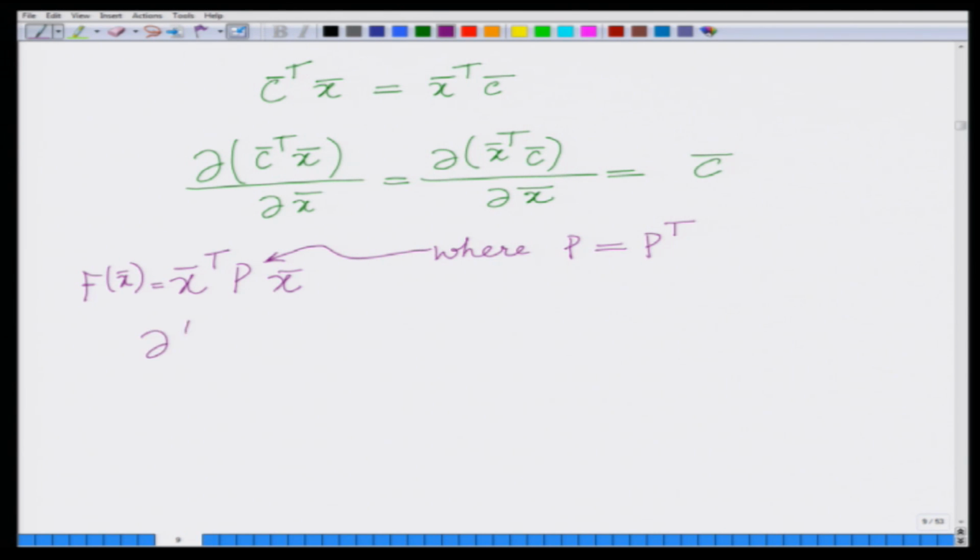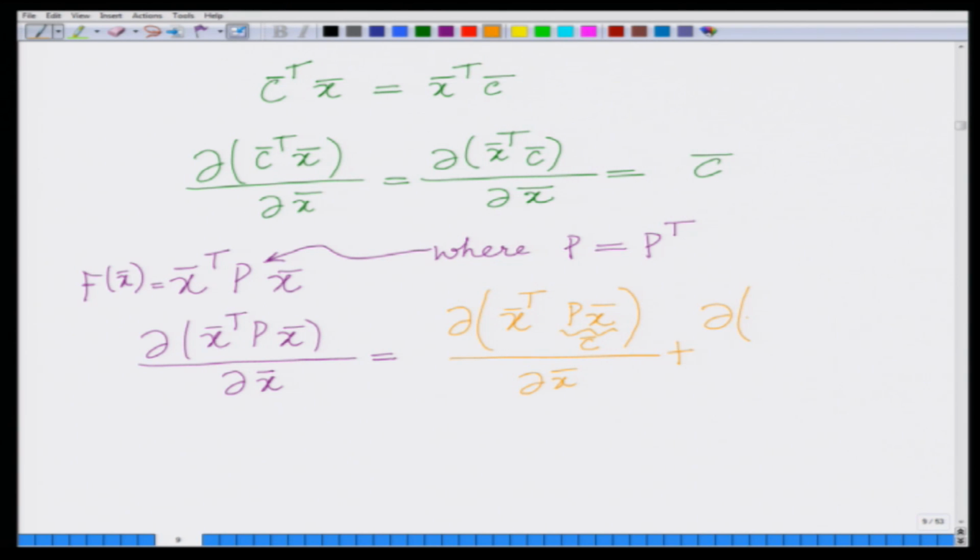Now, to differentiate this with respect to x bar, I am going to use the product rule. So, I am going to write this as the derivative of x bar transpose P x bar, where I will consider this as my vector c bar, with respect to x bar, plus the derivative of x bar transpose P into x bar, where I will consider this as c bar.